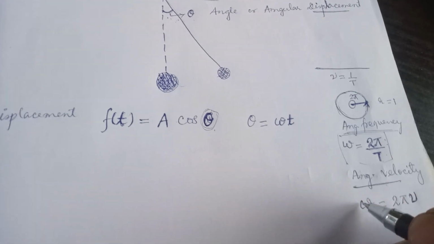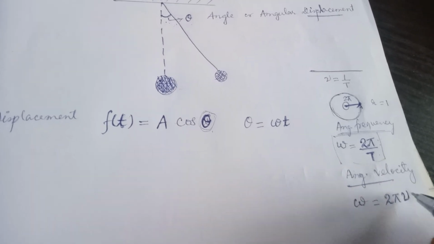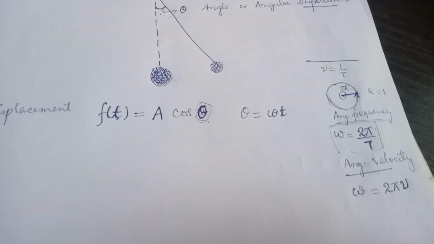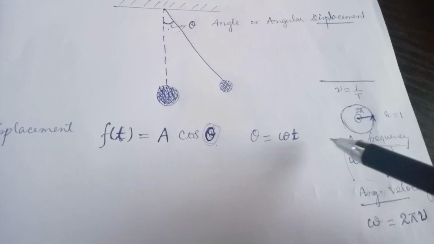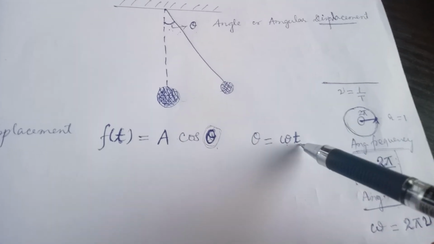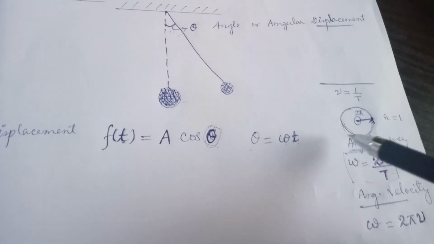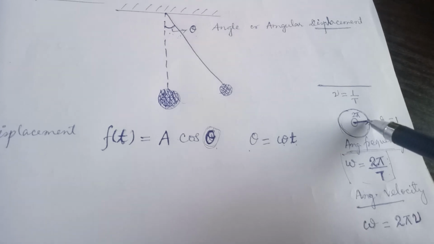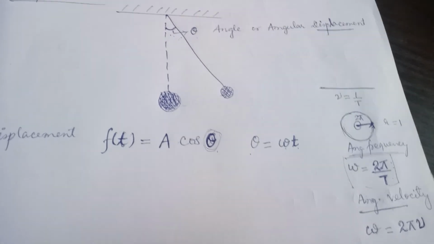So angular frequency is equal to twice pi nu also. Okay, so when we multiply angular frequency with time, we get angular displacement. So angular displacement is what? Is the angle formed by the particle at the center.